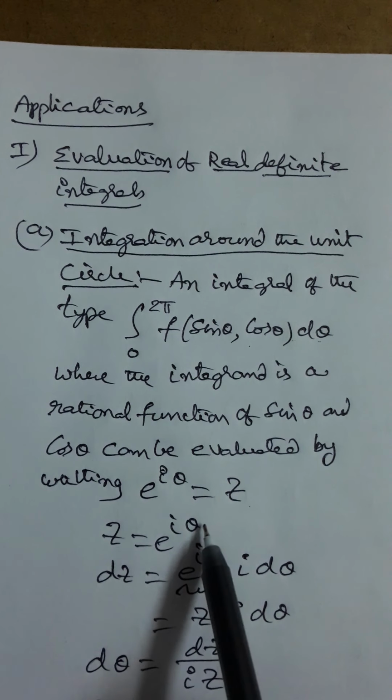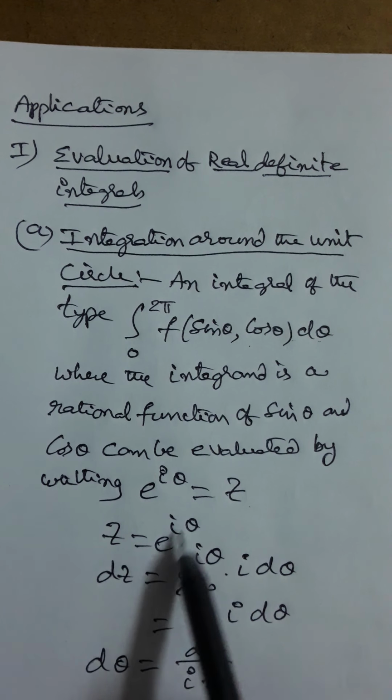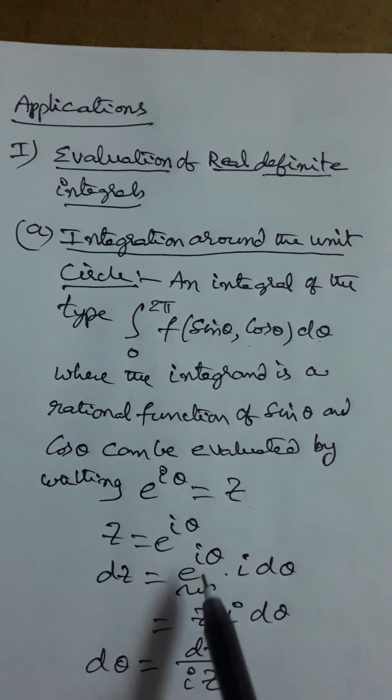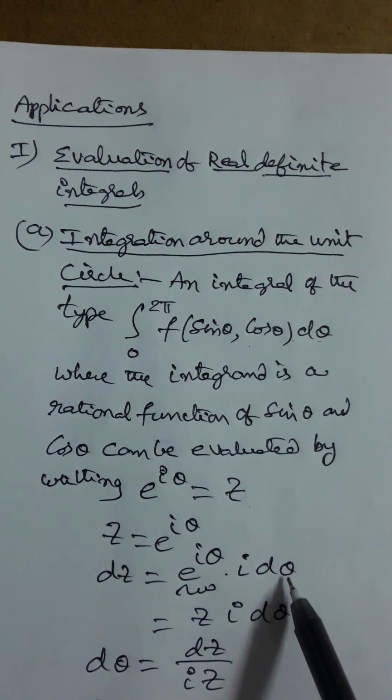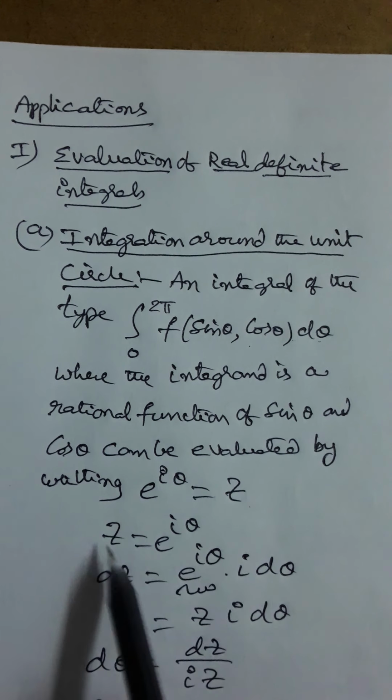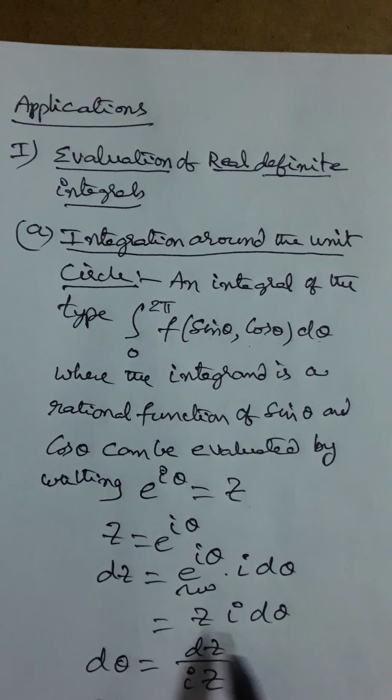So z = e^(iθ). dz = e^(iθ) times i dθ, and e^(iθ) is nothing but z. So dz = iz dθ, so dθ = dz/(iz).